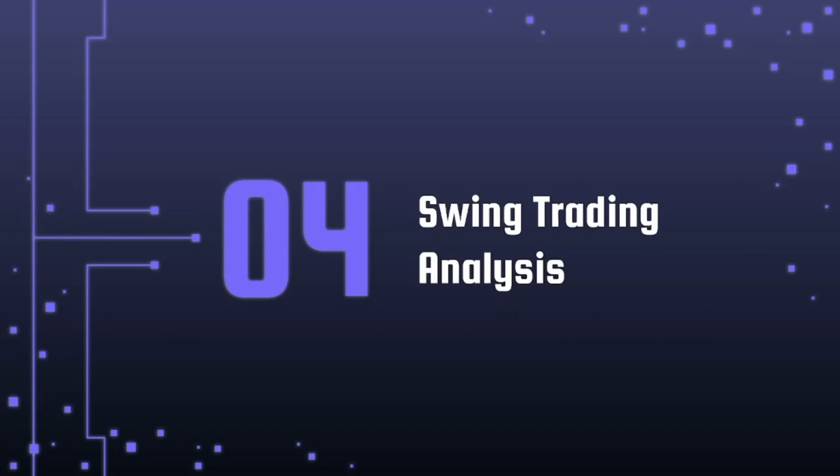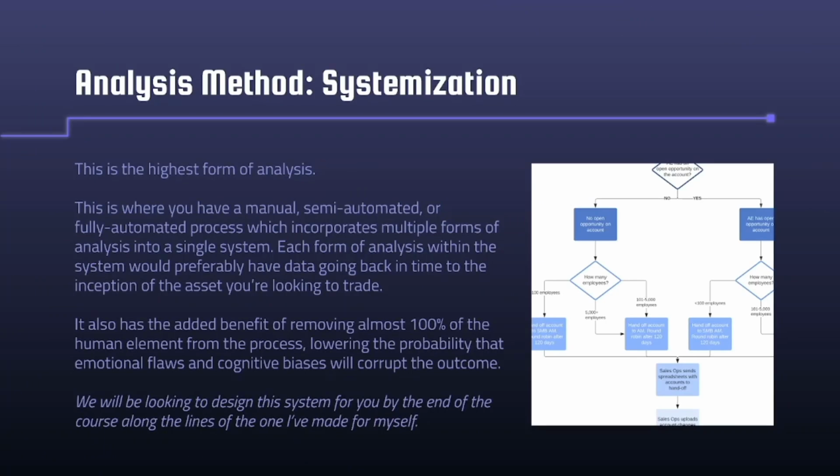So, into the realm of swing trading analysis, how do we derive the future and how do we get the probabilities on our side so we know what we're doing? First analysis method I want to look at is systemization. This is the highest form of analysis, and it's a little bit conceptual, so just bear with me here at the moment. This is where you have a manual, semi-automated, or fully automated process which incorporates multiple forms of analysis into a single system.